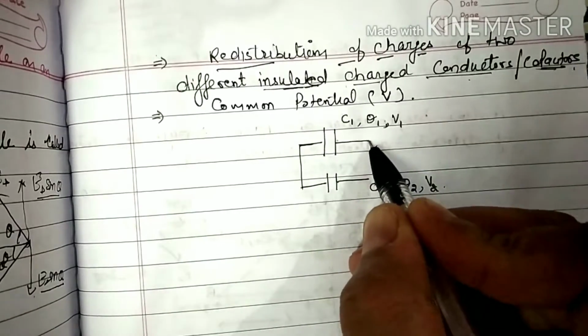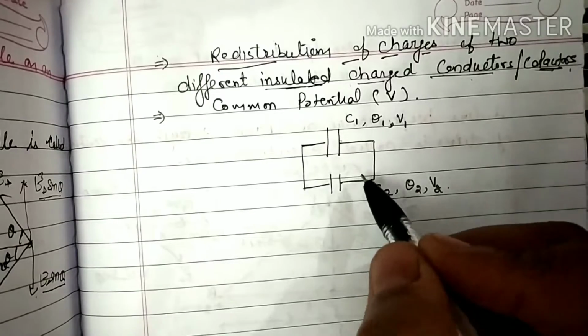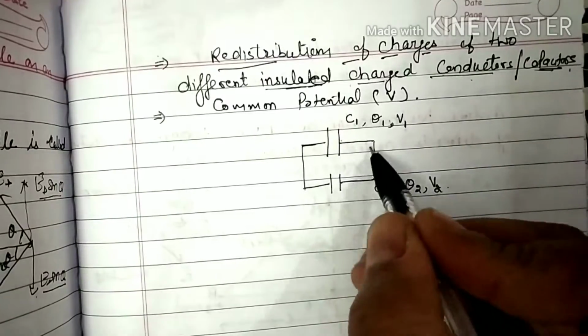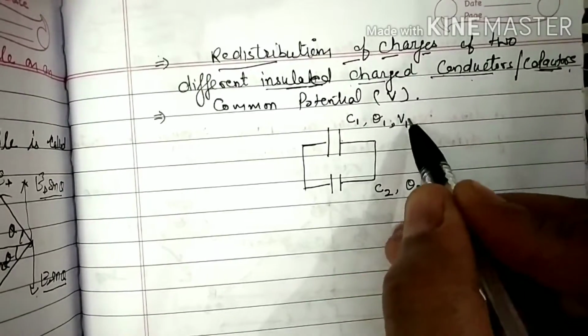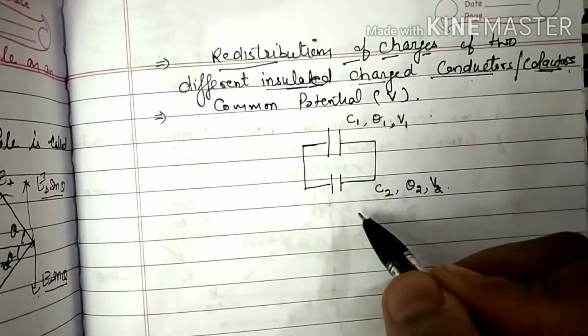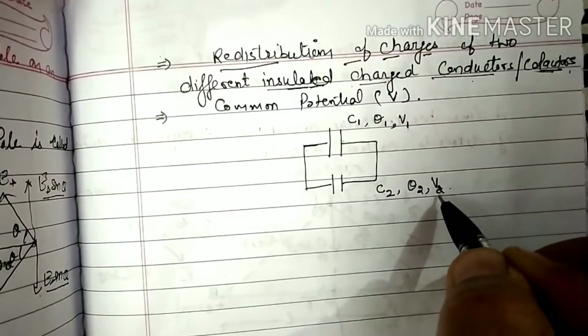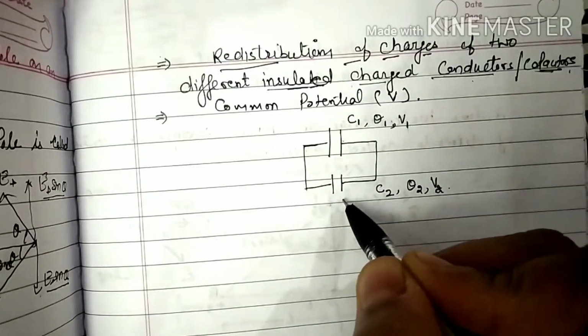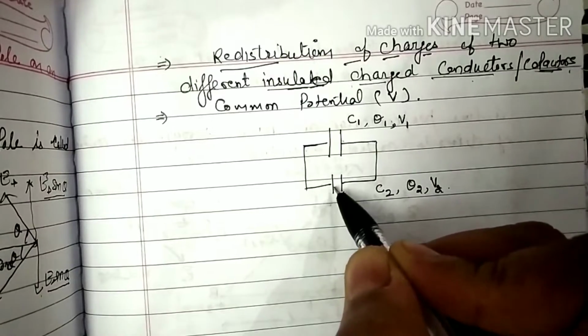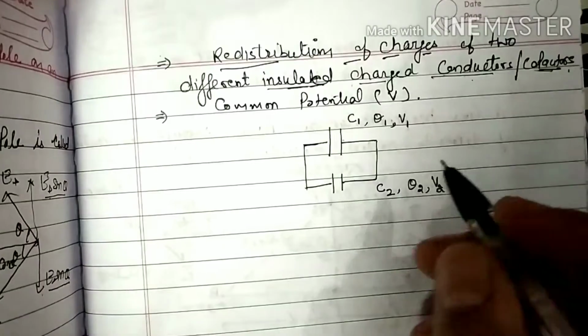Now you know what redistribution of charge means. Suppose V1 is more than V2, then charge Q1 will flow through the connecting wires to Q2, and if V2 is more than V1, then charge Q2 will redistribute to the capacitor C1.